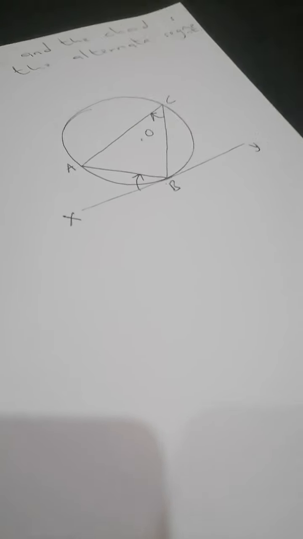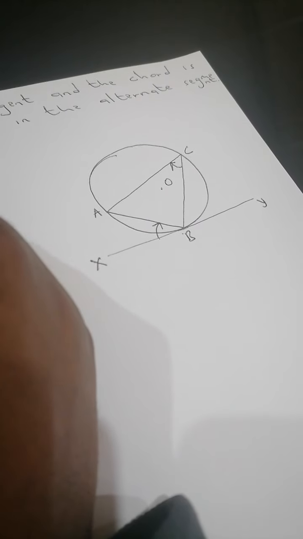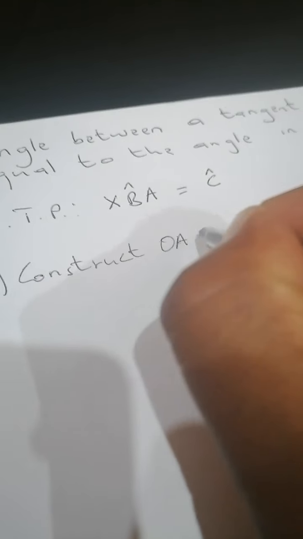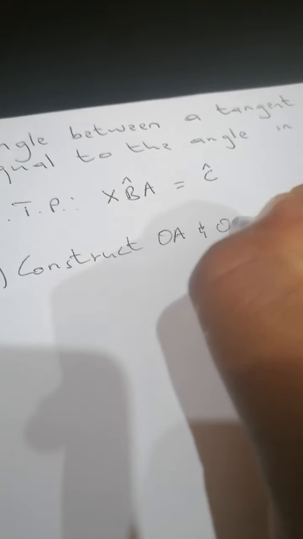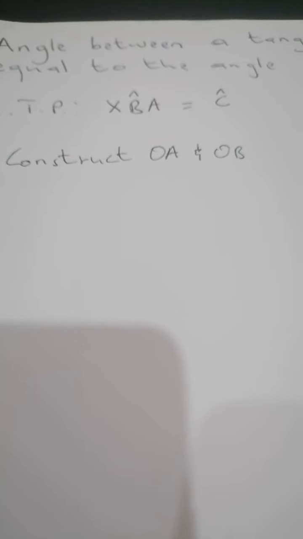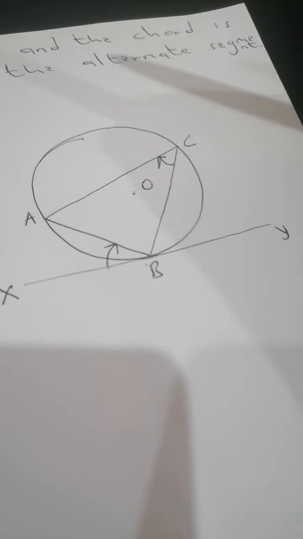So the first step is to construct OA and OB. Remember that point O is the center of our circle. OA is a dotted line.